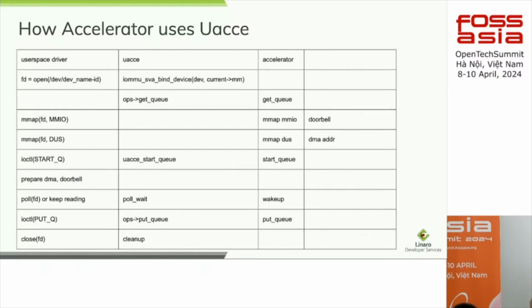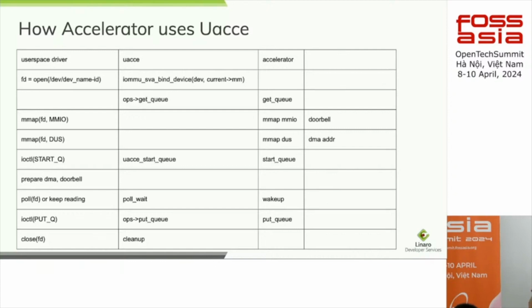And UACCE will get a queue from the accelerator. After you open, the application will map the MMIO, which is the doorbell, and also map the other area for the DMA ranging. And then you can control it to start.